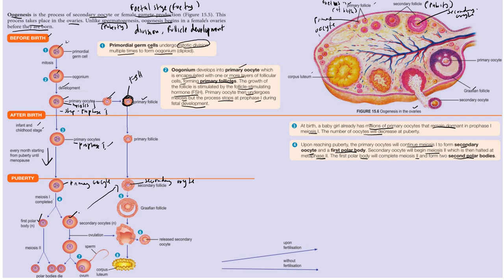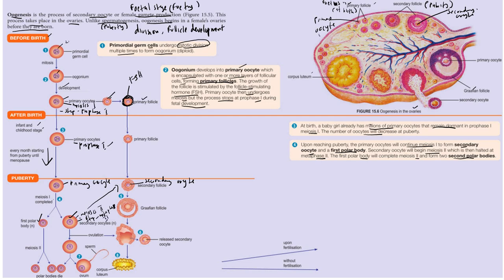So the secondary oocyte will undergo meiosis 2, but stop at metaphase 2.